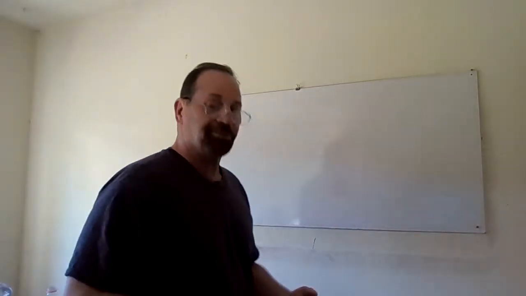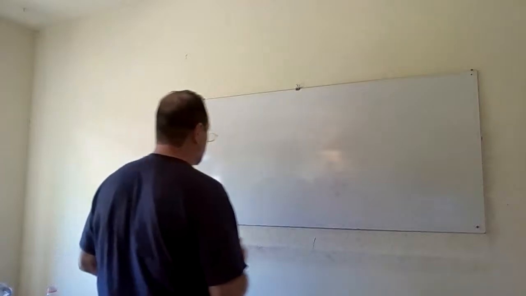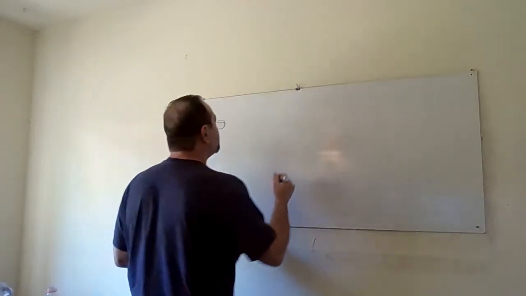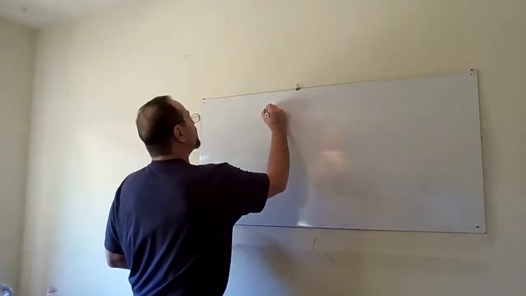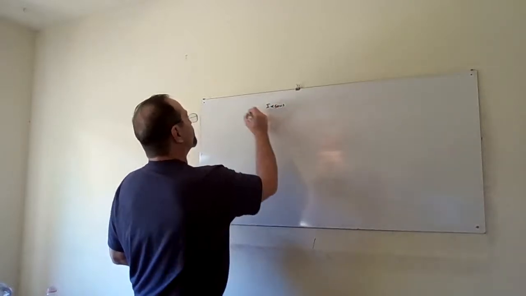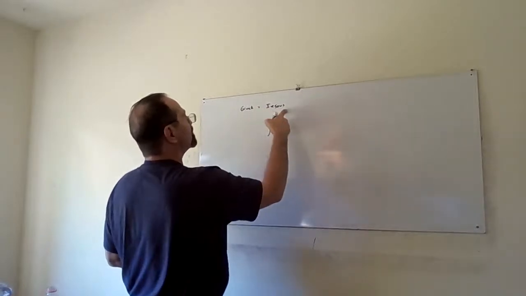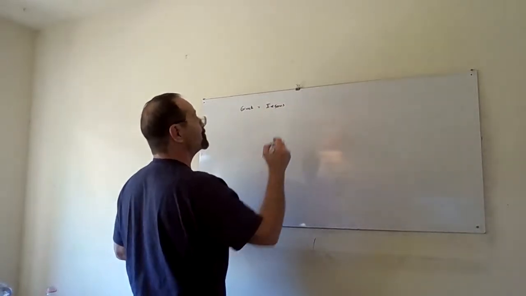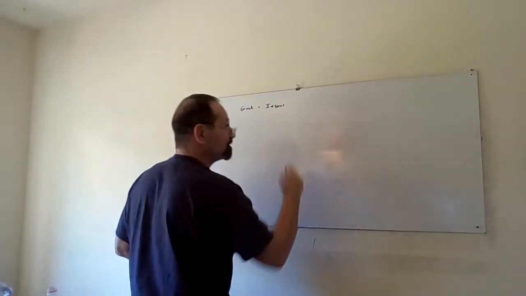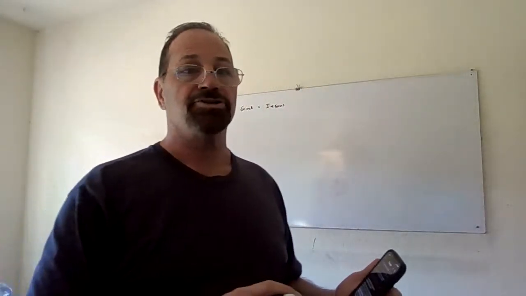Remember, we're trying to find out who the beast is. I have to go through this stuff the way that I do. This is Greek for Jesus. Isos, Iesus, Sus. The pronunciation is Iesus. Sus almost sounds like Zeus.